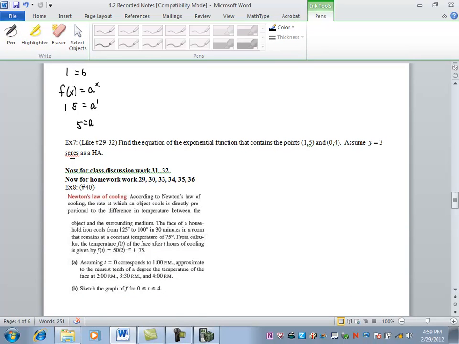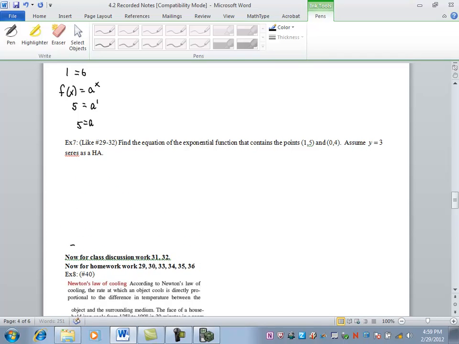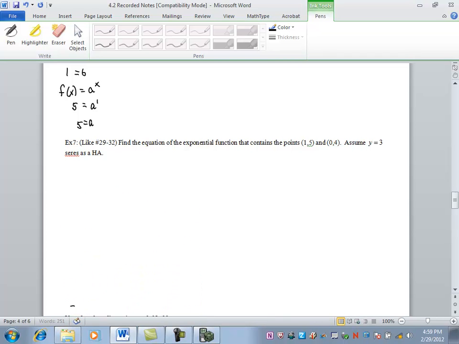Let's give ourselves a little bit of room to work here on example 7. Clear off a little board space. Oh, notice here we've got y equal 3 as a horizontal asymptote.